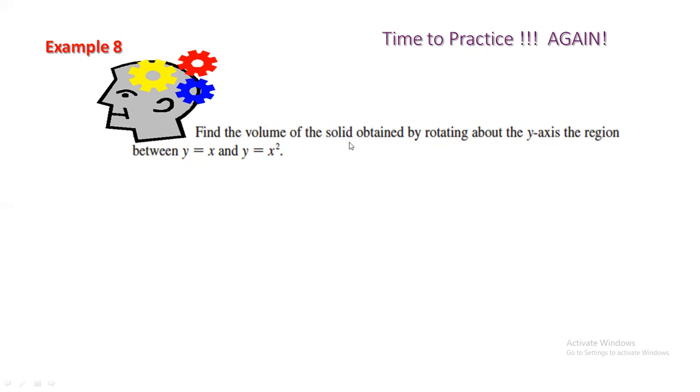Find the volume of the solid obtained by rotating it about the y-axis, and the region is bounded by this line and this curve. No points of intersection are given, so you'll be the one to determine the points of intersection.